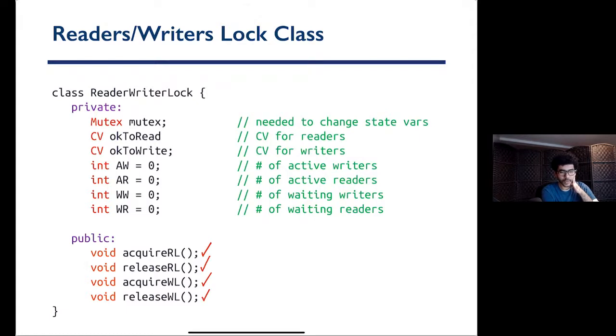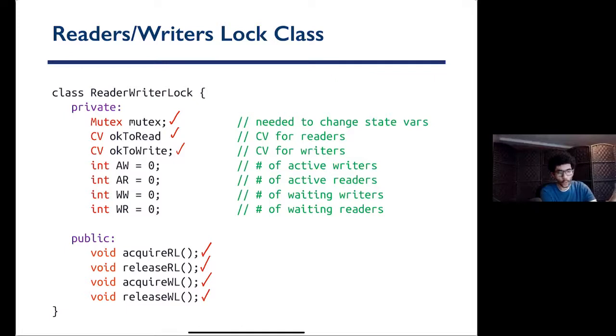A monitor consists of a mutex, which is the mutex we're going to use. We're going to have two condition variables, one for OK to read. If it is not OK to read, let's say there is a writer thread accessing the data, and I'm a reader thread who wants to access the data as a reader, then I have to wait.